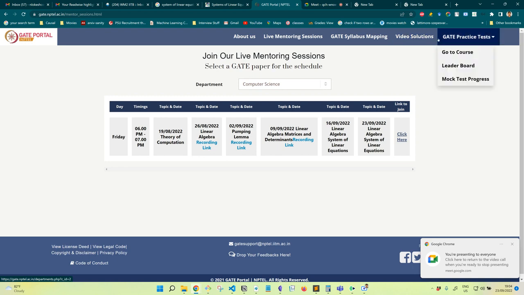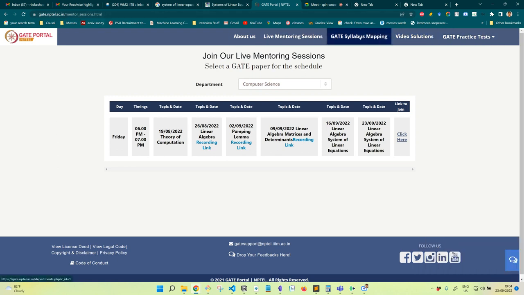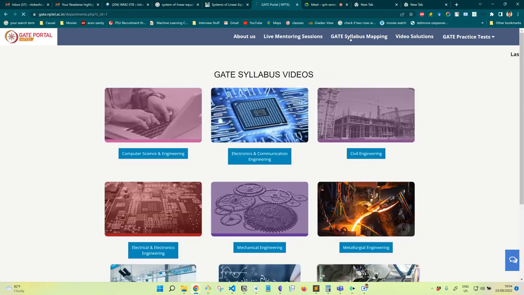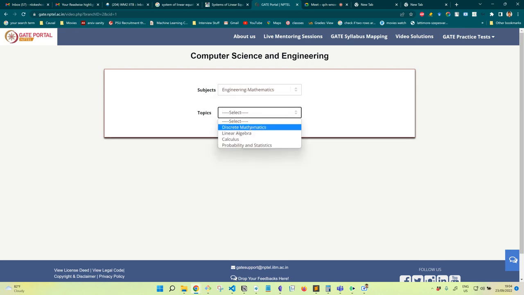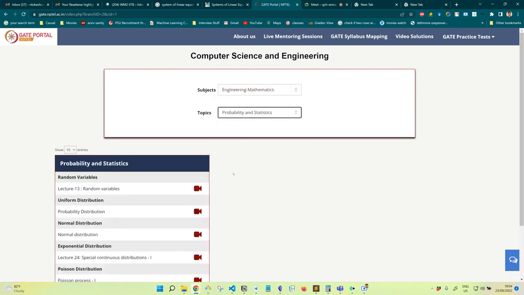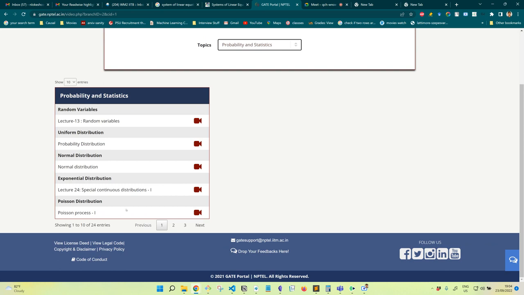Actually, in the meeting, they were telling me that there is this syllabus mapping. Perhaps you can follow this also. If you go to gate.nptel.ac.in, you see a tab, GATE syllabus mapping. In syllabus mapping, once you go to computer science, you can select a topic. For example, you are asking about probability. So let's say I select engineering mathematics, and here I select probability and statistics.